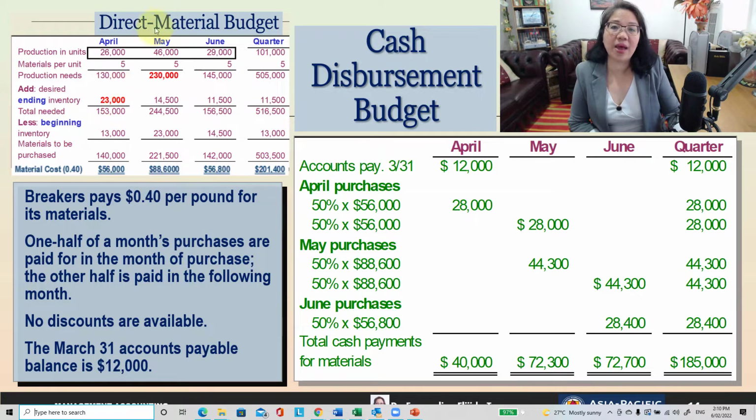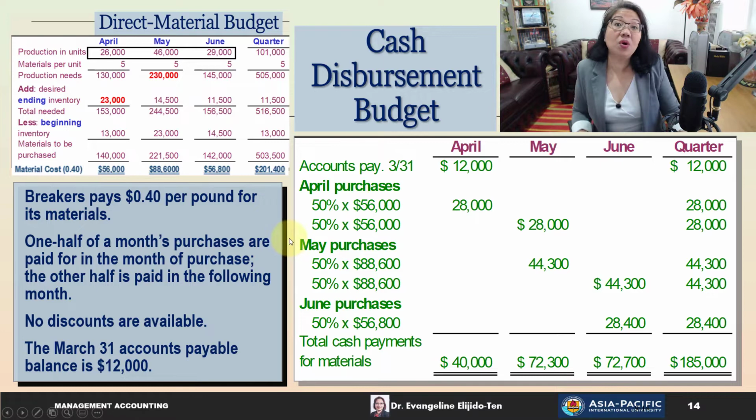So we go back to direct materials budget, and the material cost for the month of April is $56,000. So 50% of that $56,000 will be paid in April, and the other 50% will be paid in May. So our total expected cash disbursement for April is $40,000.